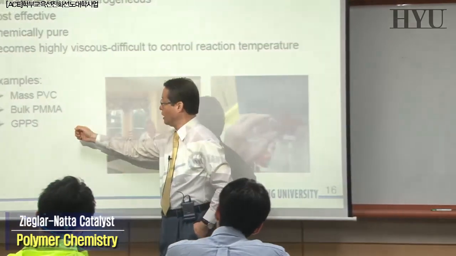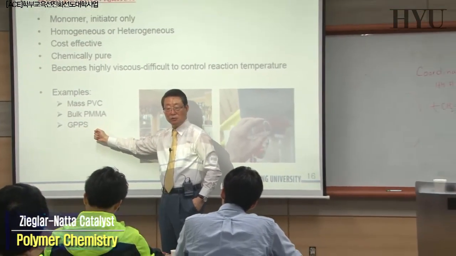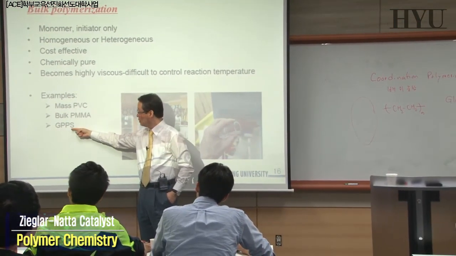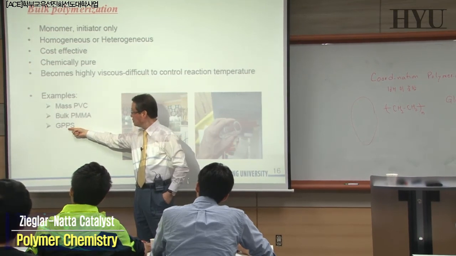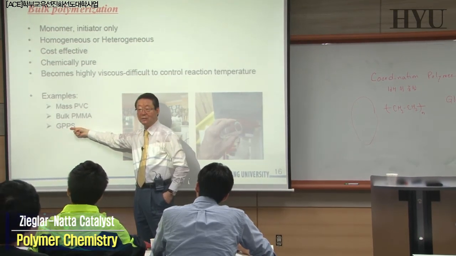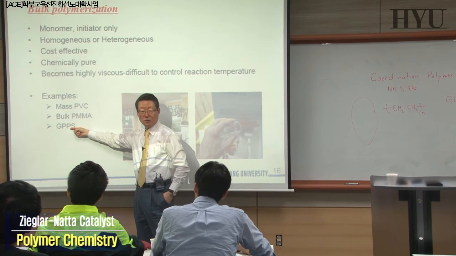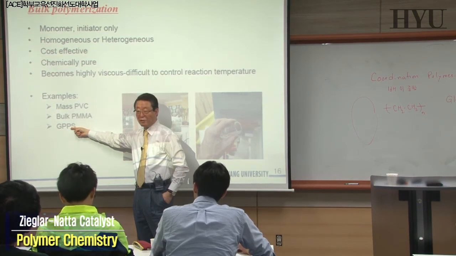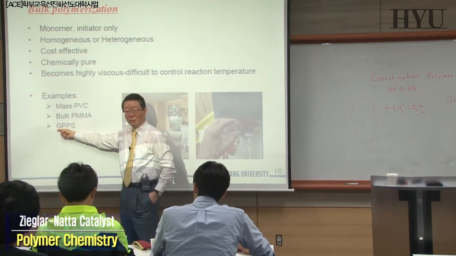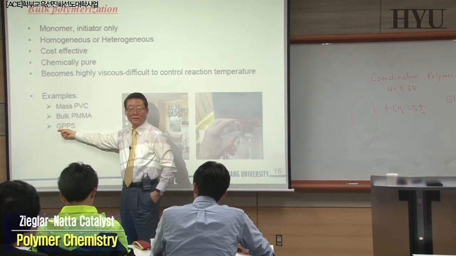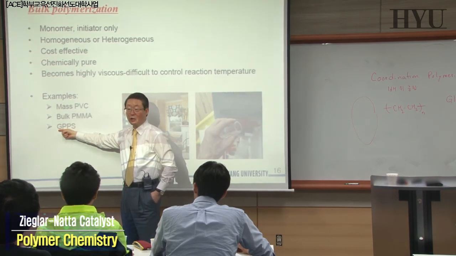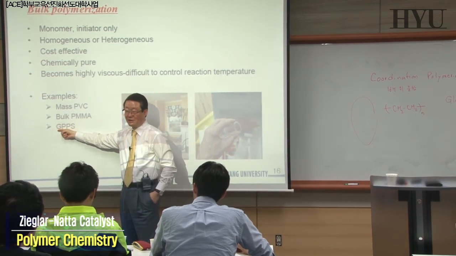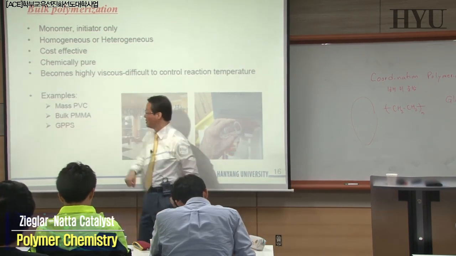Usually, when you take a look at these abbreviations, look at the final letters. PS means what? Polystyrene, right? What do you think about this GP? Guess. General purpose. General purpose polystyrene.